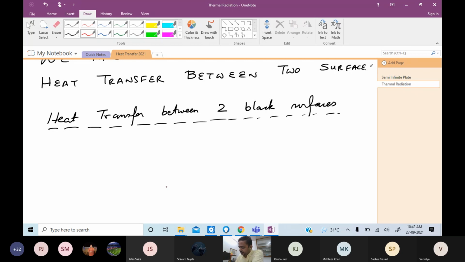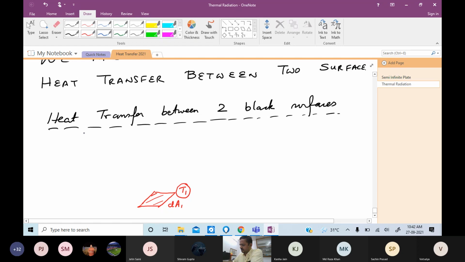So let us first take two small elements. The first one I'll call dA1, at a temperature of T1.